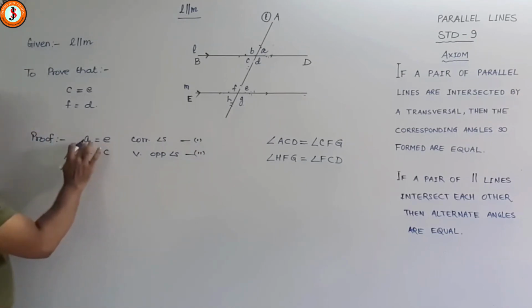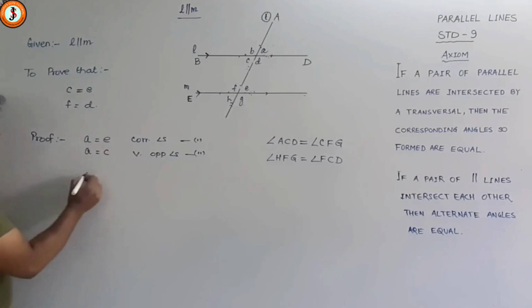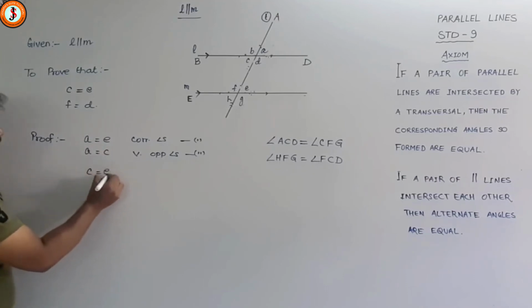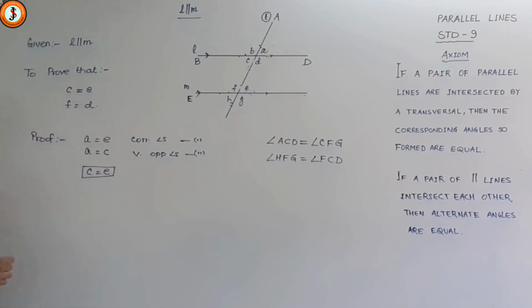That means E is equal to A and C is equal to A. So they are equal to the same thing A. So C is equal to E from equations 1 and 2. So we have proved it. That is also from Euclid's axiom, that things which are equal to the same thing are equal to one another.